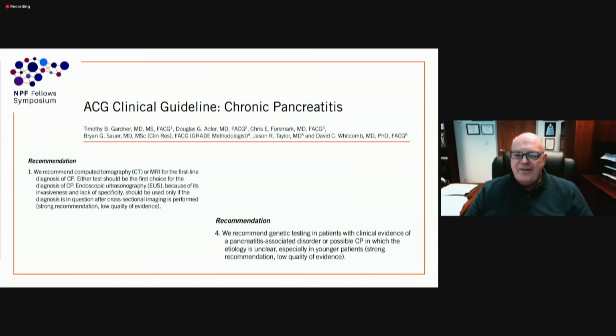So like in acute pancreatitis, we have strong levels of opinions and recommendations, but the evidence upon which we base these recommendations is low quality. And this is consistent across pancreatology, acute and chronic pancreatitis in both adults and kids. Next slide.